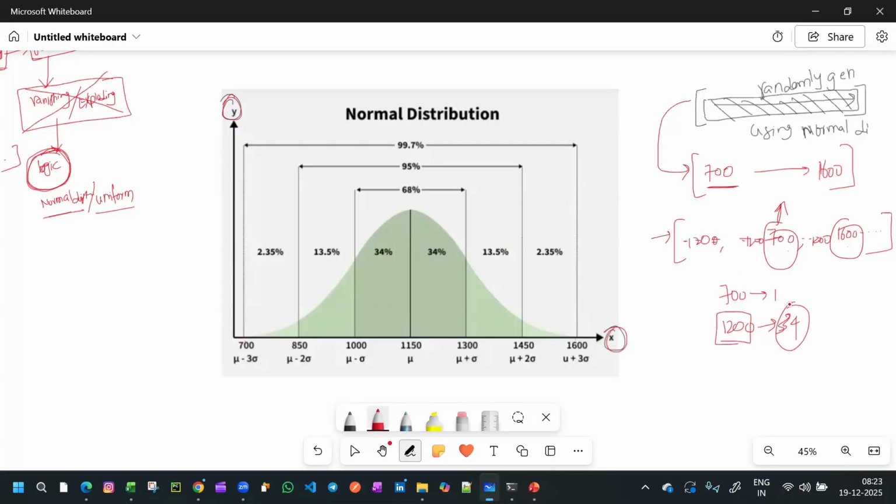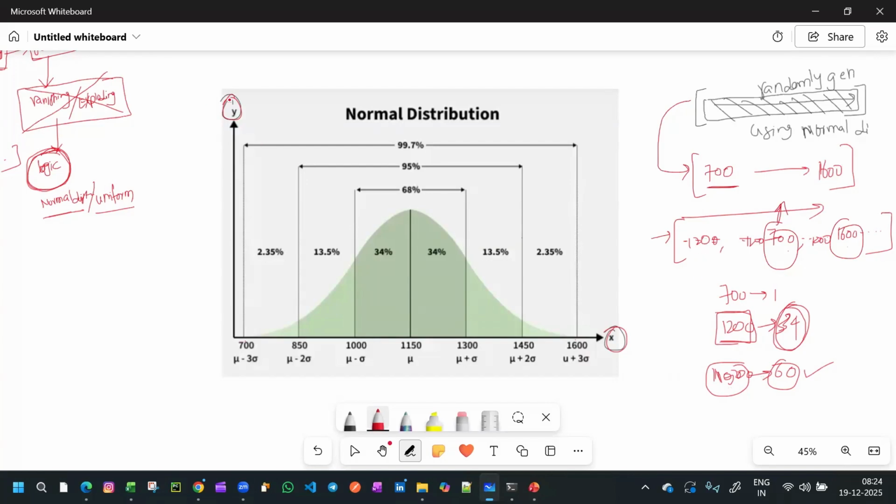And let us say 1150: there are 60 values of 1150, so 1150 is repeated 60 times in the entire data set. That's what it means. It's clear, right?